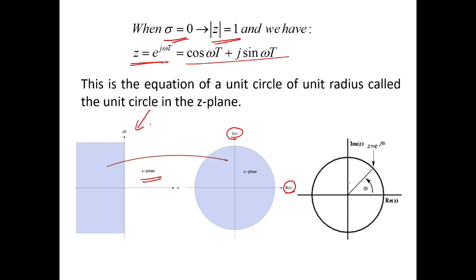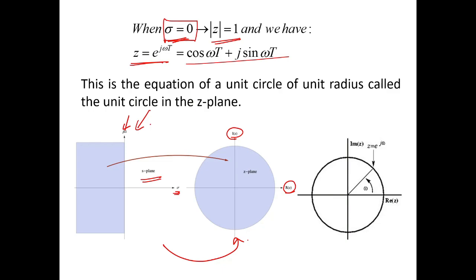Now, when we map the S-plane into the Z-plane, we need to look into the characteristics. When sigma is 0, where is sigma 0 in the S-plane? At the frequency axis.